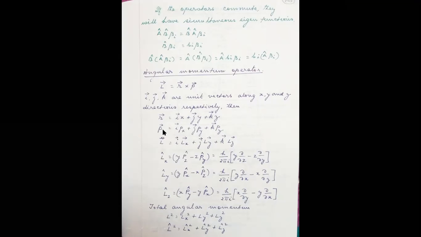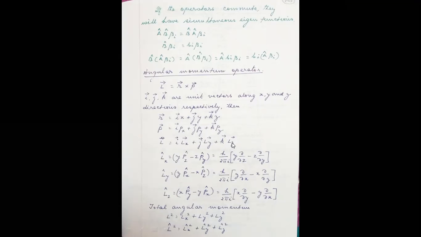Similarly, the momentum vector can be represented as i vector into px, j vector into py, k vector into pz. So L vector can also be written as i vector into Lx, j vector into Ly, k vector into Lz.